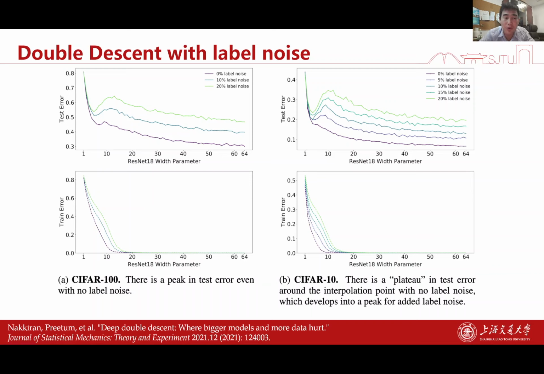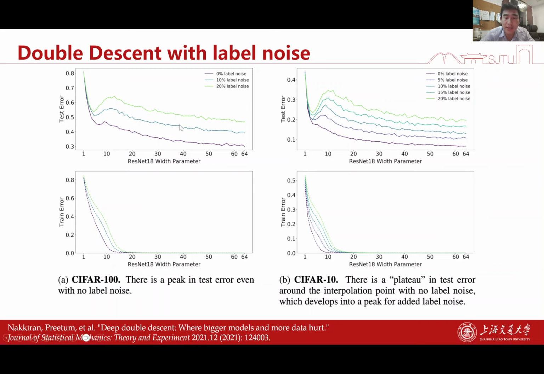What is label noise? That is, we have some noise on the output label. For example, for the image classification task, we may randomly shuffle the labels of a portion of samples, and that is regarded as adding some label noise.